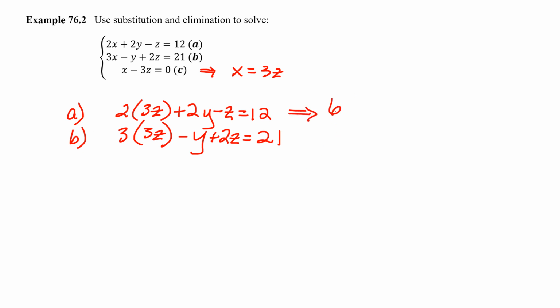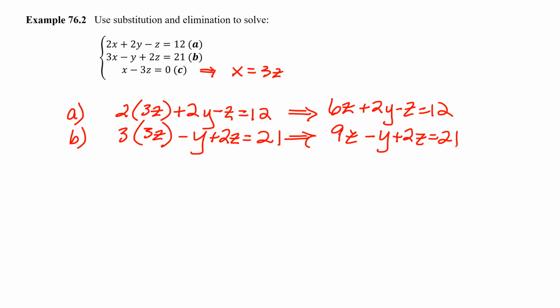So here I've got 6z plus 2y minus z equals 12. And here I have 9z minus y plus 2z equals 21. And so this is going to be 5z plus 2y equals 12. And this is going to be 11z minus y equals 21.